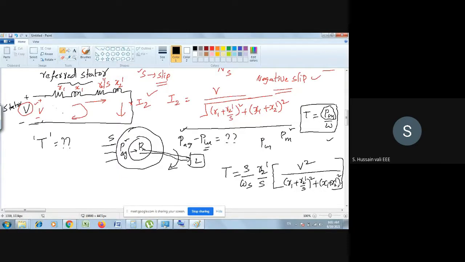This is the equation for the electromagnetic torque produced by the induction motor. So we have to see that this torque depends upon omega s and V, all these things.